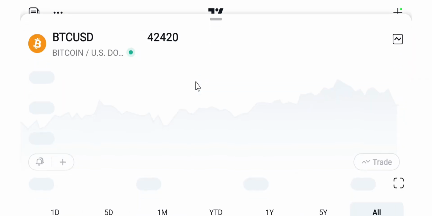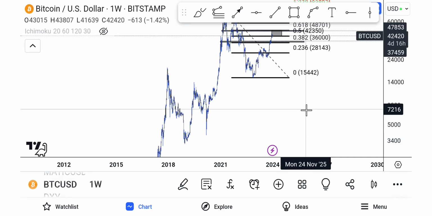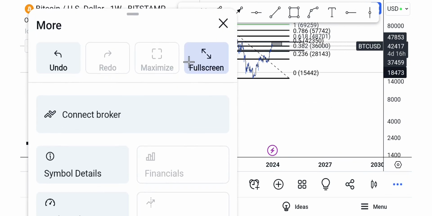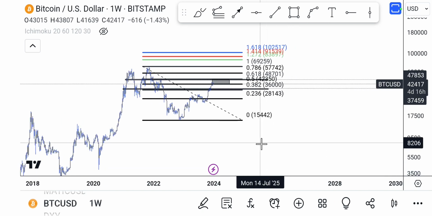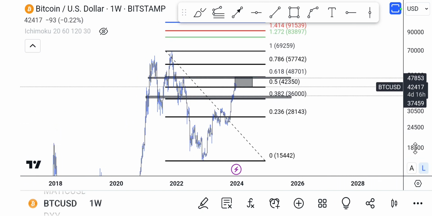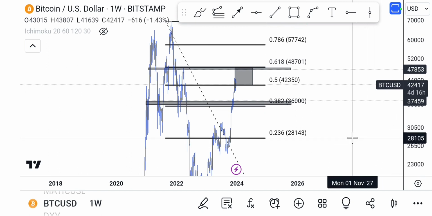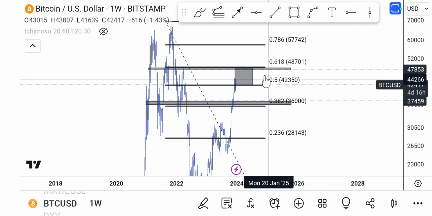Okay, so let's look at BTCUSDT. As you can see on my screen here, what I've pointed out is basically the price move between the 0.5 to 0.618.